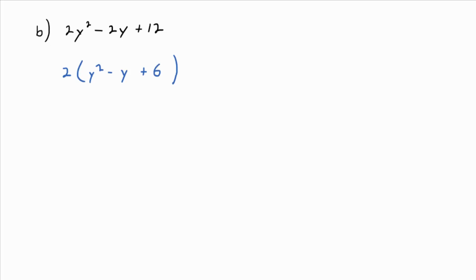And now it is of that form, right? A, in this case, times y squared plus b times y plus c, where we're going to consider a to be that 1 right there. So looking just inside the parentheses, what's b, what's c?